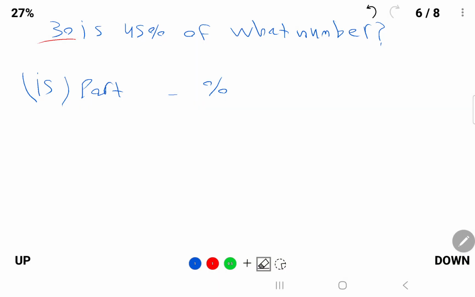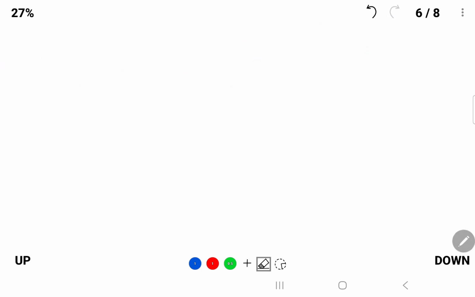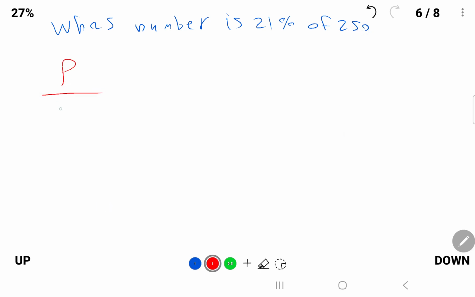Now another example: what number is 21% of 250? Now first, part over whole equal percent over 100.